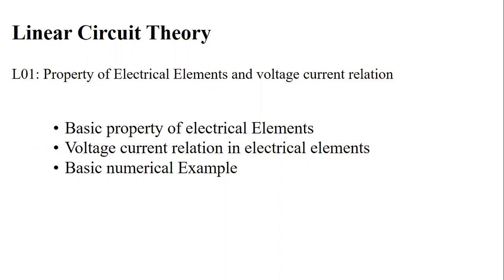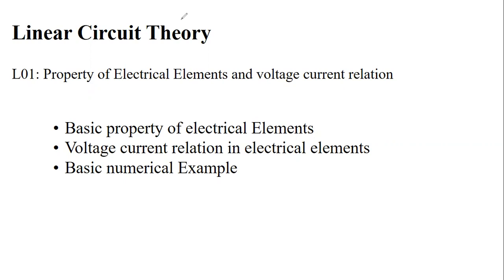So now, the first lecture is the property of electrical elements and the voltage-current relation. The basic properties of electrical elements are linear and non-linear elements, active or passive elements, and unilateral or bilateral elements. First we discuss the properties of electrical elements.